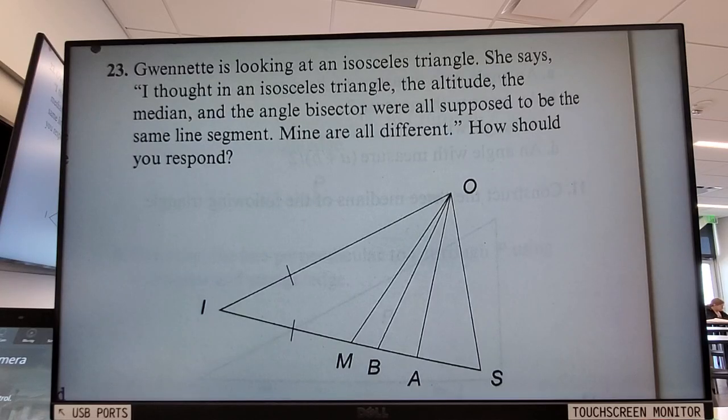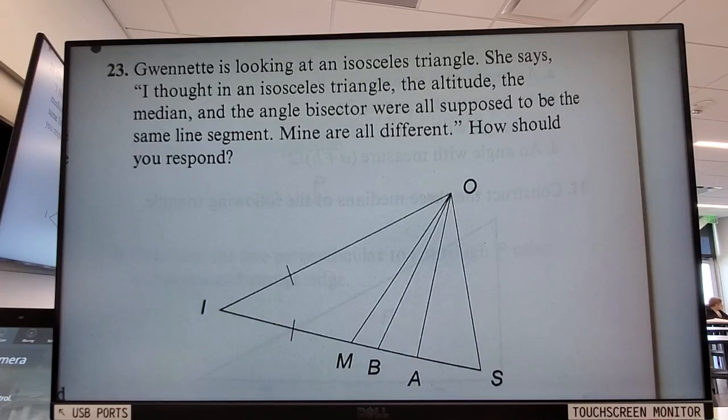Oh. So, real quick, the median goes from a vertex to the midpoint of the opposite side. Is that cool? Does it have to be a right angle? No. If you look at the ones we did, they're not right angles. Could it be? Yes. Does it have to be? No. The altitude must be a right angle.